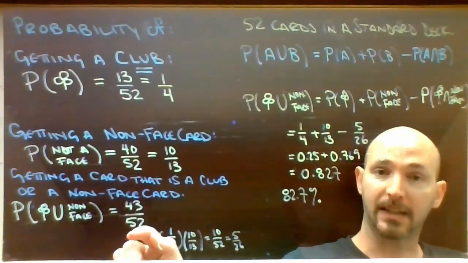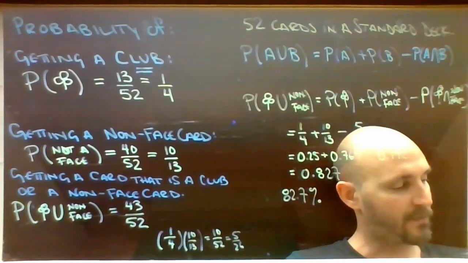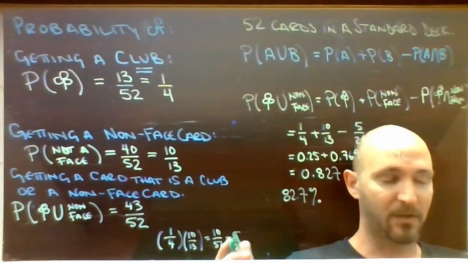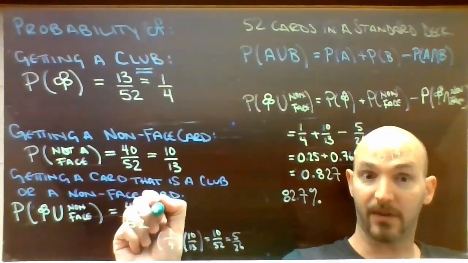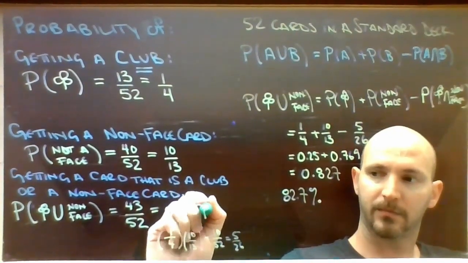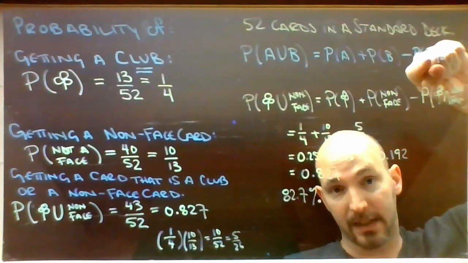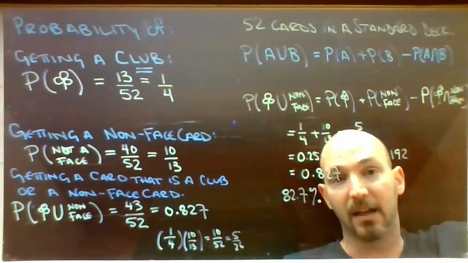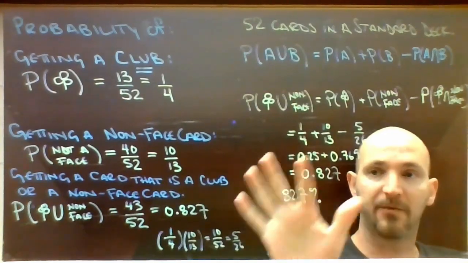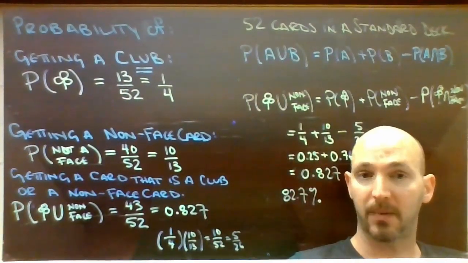And so we're going to check this then. What is 43 out of 52? If I do that, 43 divided by 52, I end up with 0.827 if I round. So by adding this little correction in here, where I take out the double counting of things that are both this and that, I'm able to calculate these probabilities for independent events.